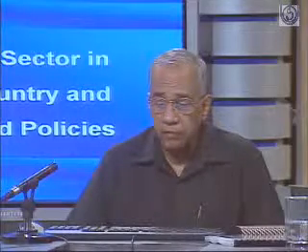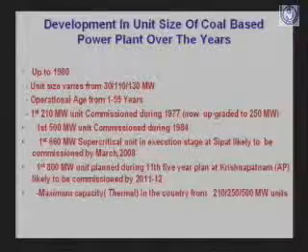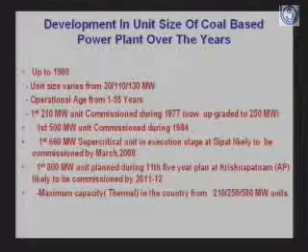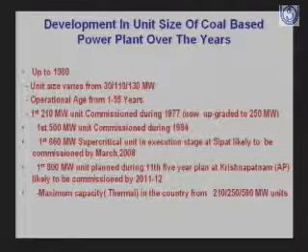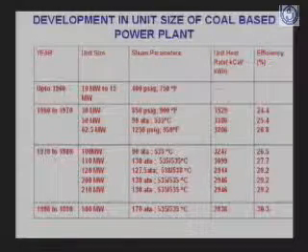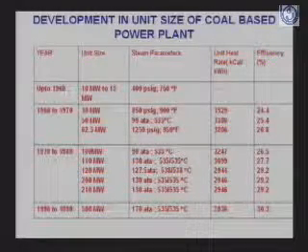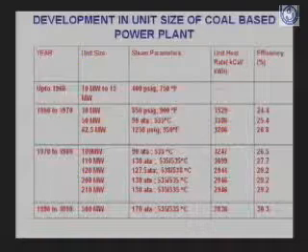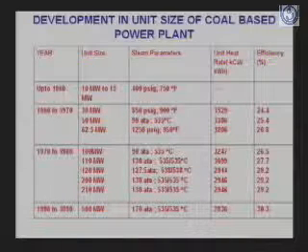The maximum thermal capacity in the country today is coming from 210 megawatt machines, 250 megawatt machines, 500 megawatt machines, and then 660 and 800 megawatt units would be the next in the series.